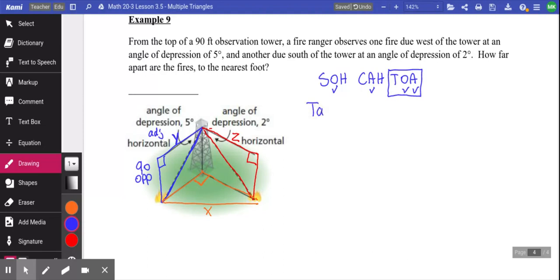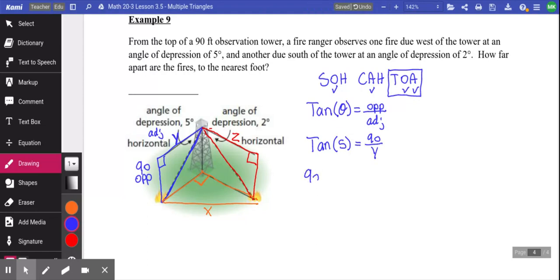So it would be tan of an angle equals opposite over adjacent. That angle was 5 degrees. They pointed at it. So I have tan of 5 degrees equals 90 divided by y.